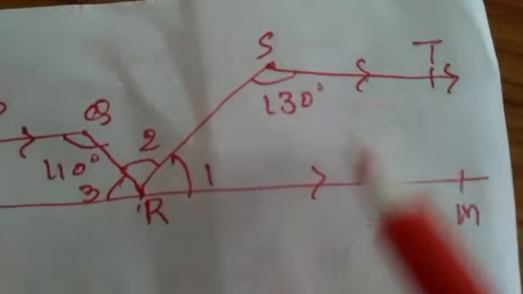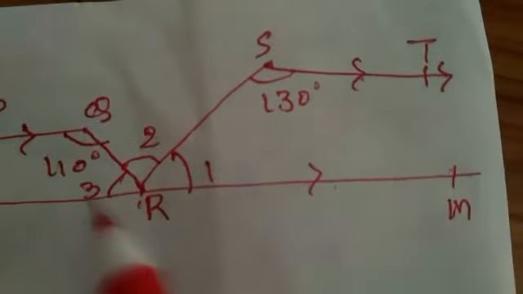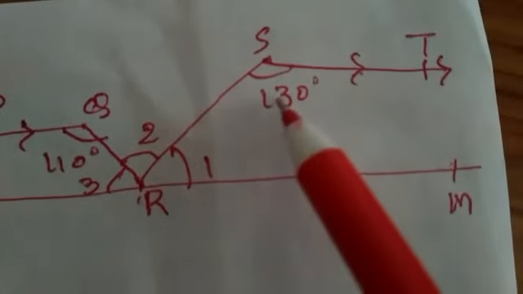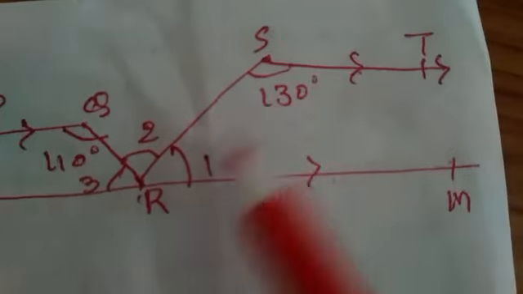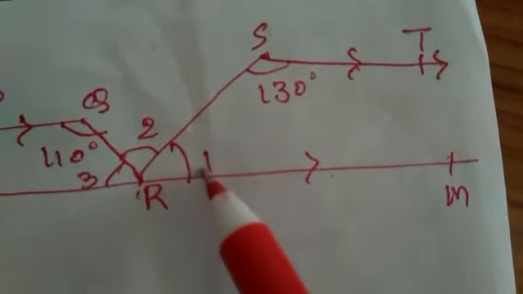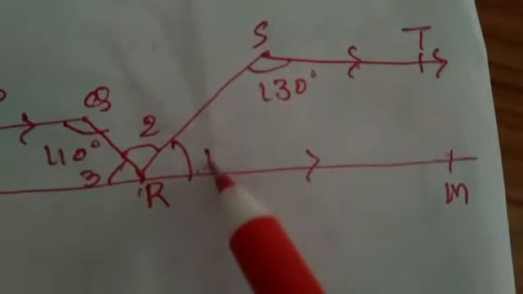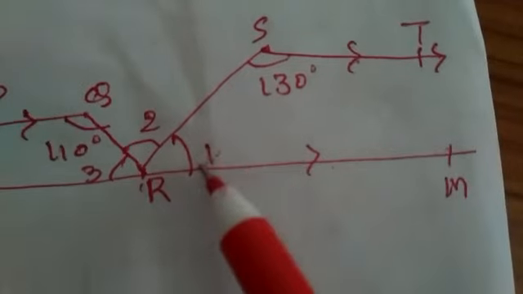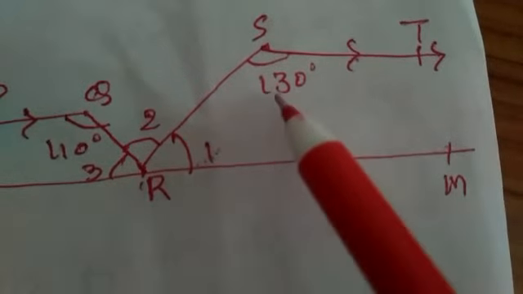This ST is parallel to RM and this SR is a transversal. So angle S and angle 1, which we assumed ourselves, are co-interior angles, or interior angles of the same side. So their sum must be 180 degrees.